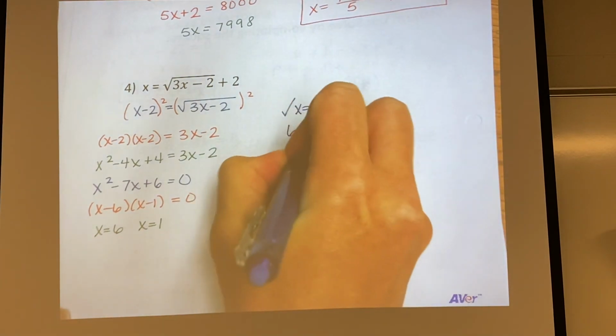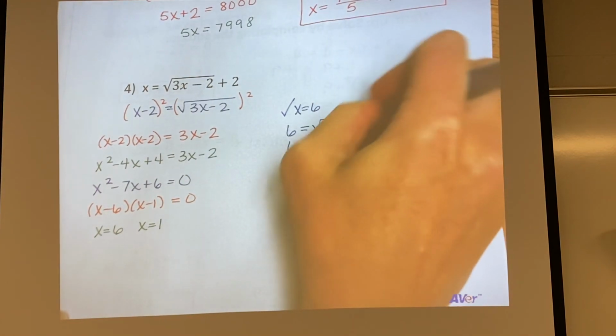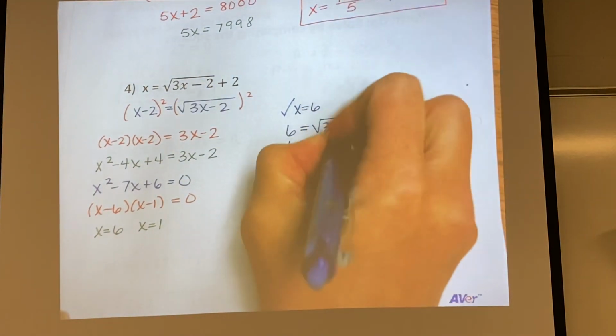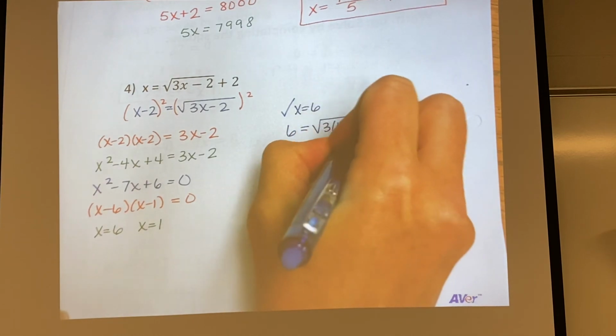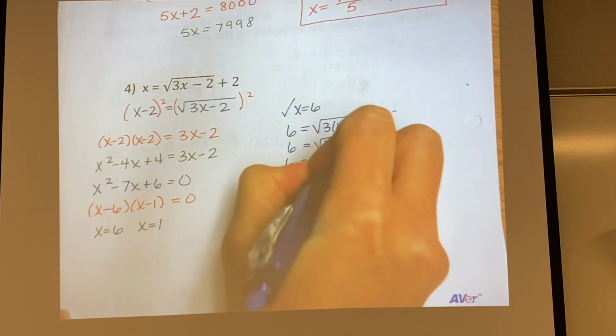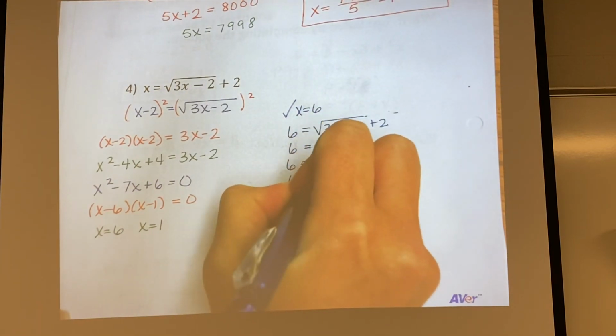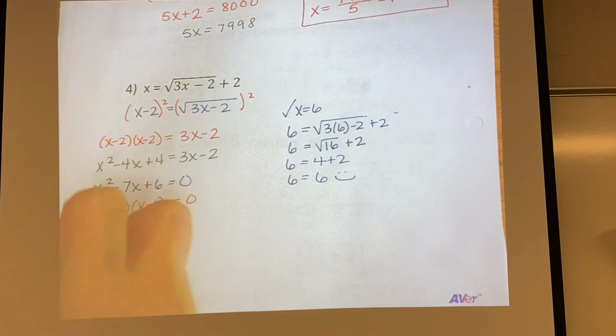So we have 6 equals, oops, that plus 2 is outside. 18 minus 2 is 16. So square root of 16 is 4 plus 2. Okay, 6 does work. Yay, 6 equals 6. So that's a good one. We can keep it.